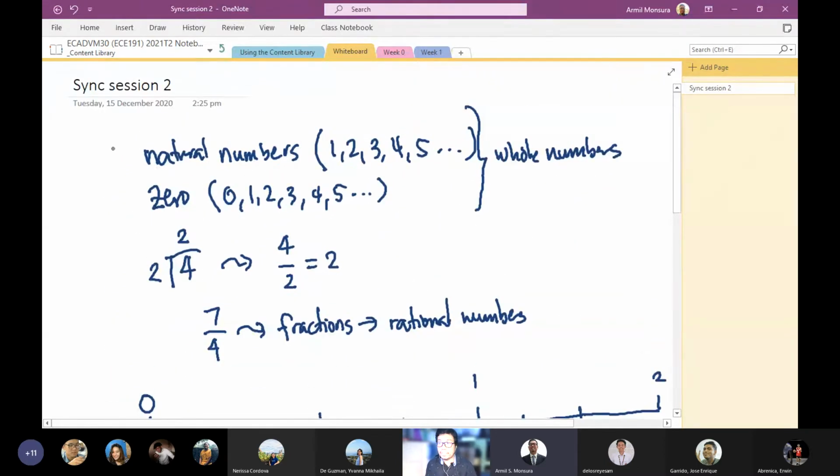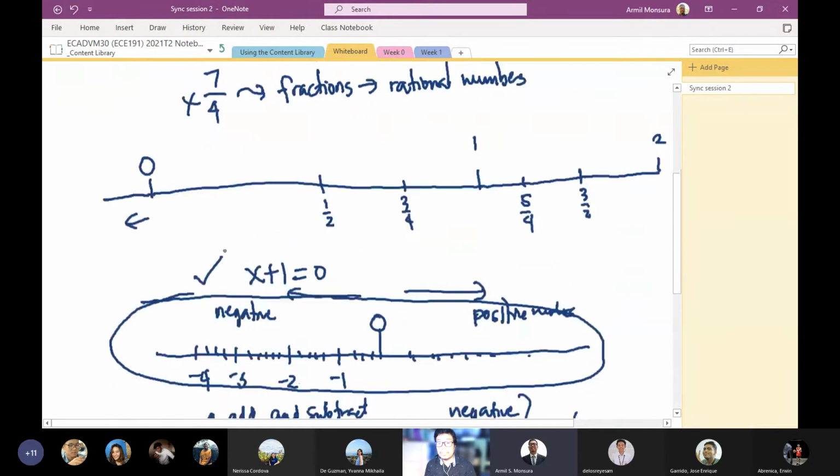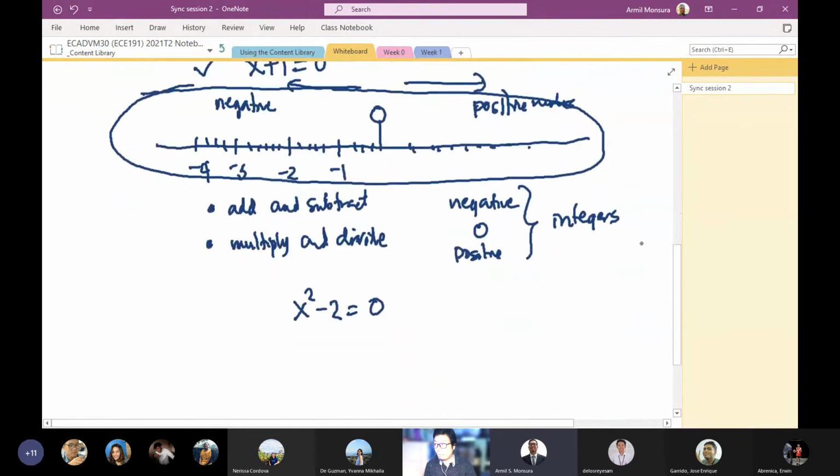Hindi nyo makukuha yung sagot niyan sa natural numbers as 0, sa fraction, o kahit fractions ng integers or rational numbers. Because the answer to this one would be x equals plus or minus square root of 2.